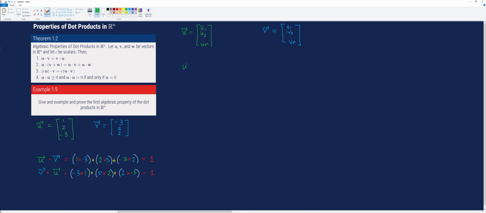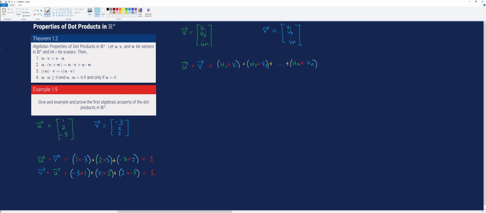Then, we get the dot product of the two vectors, which is u sub 1 times v sub 1 plus u sub 2 times v sub 2 plus all the elements in between until we reach u sub n times v sub n.